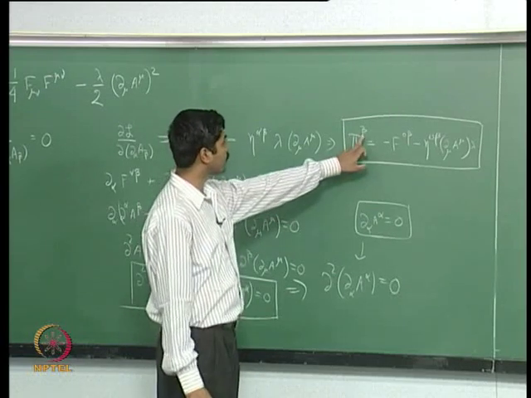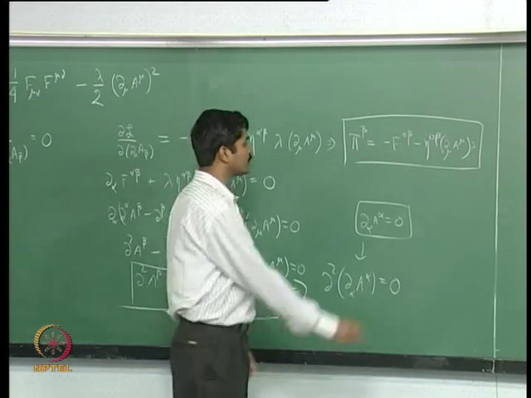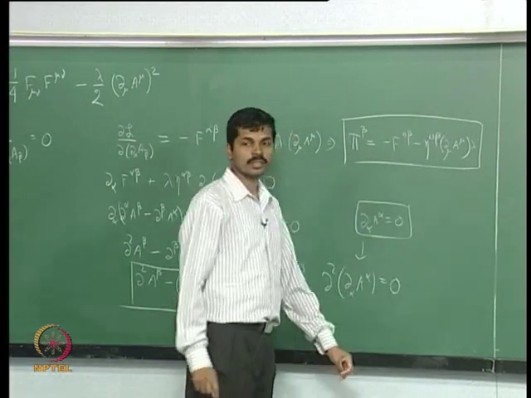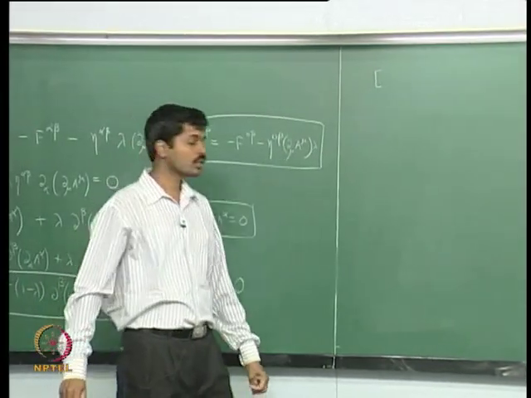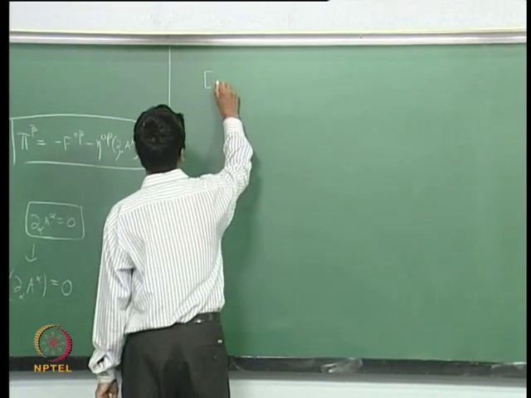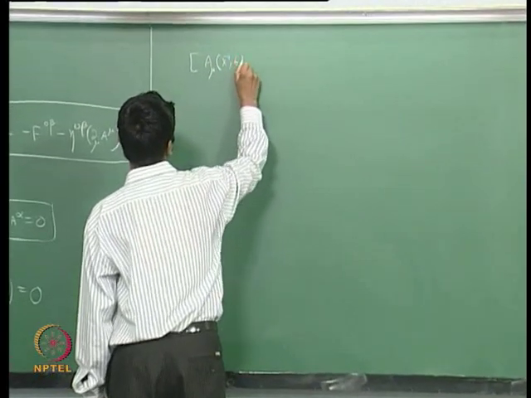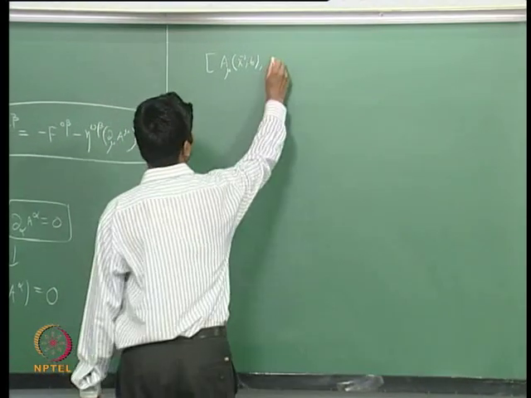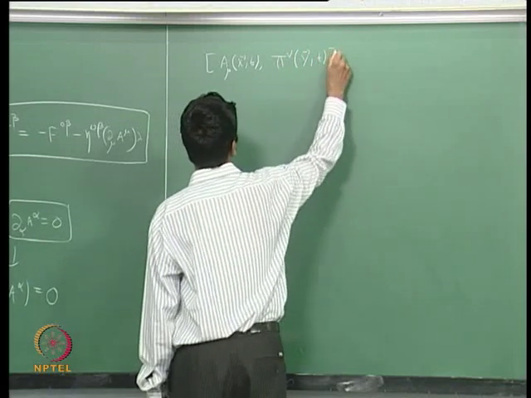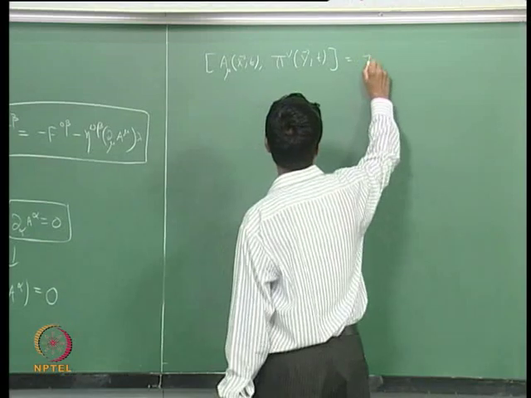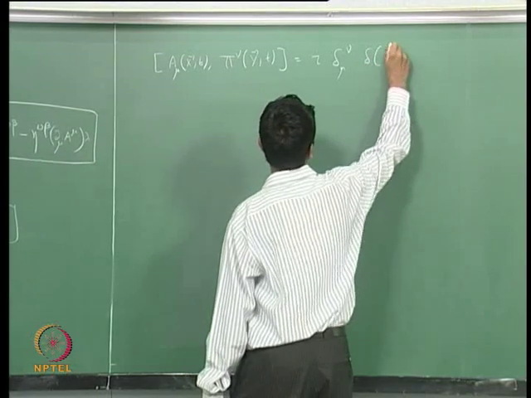You see that pi 0 especially is no longer 0. So, as such you do not have any difficulty in considering the equal time commutation relations, which are given by the commutator of A mu of x, t with pi nu of y, t, which is basically i delta mu nu delta of x minus y.